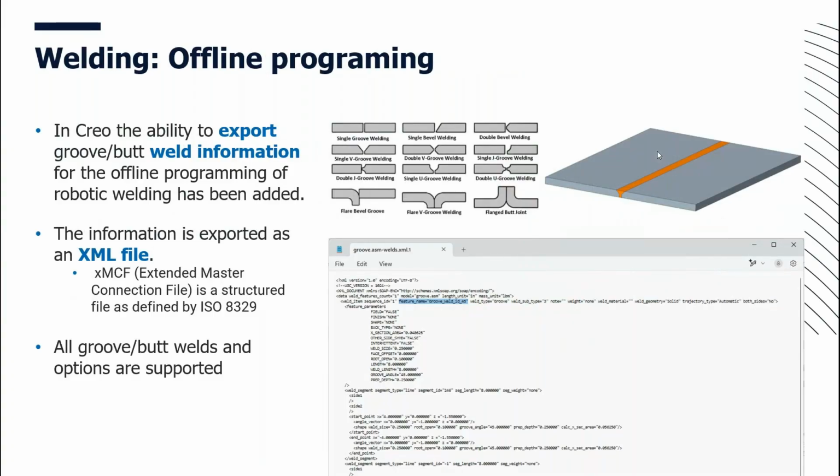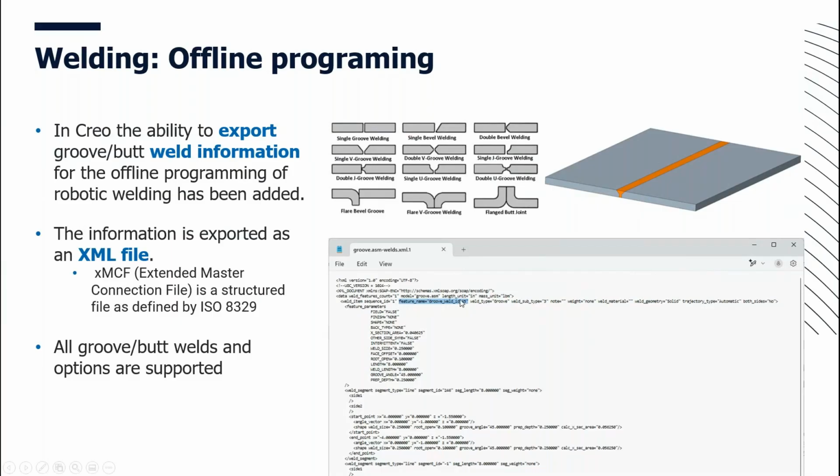Welding. We can now export all weld information. From a whole bunch of weld types, also groove and butt welds, we can export into an XML file, which is a kind of standard from an ISO standard, where we can load that up into production machines, where it can just follow the trajectory that we create here.